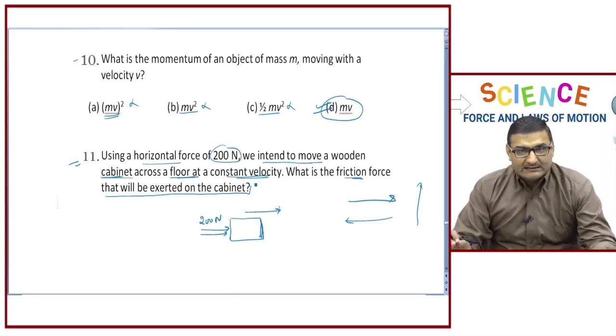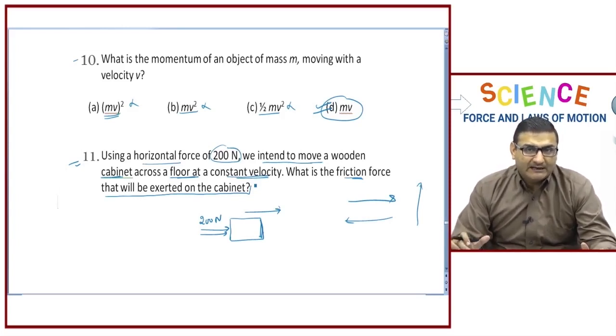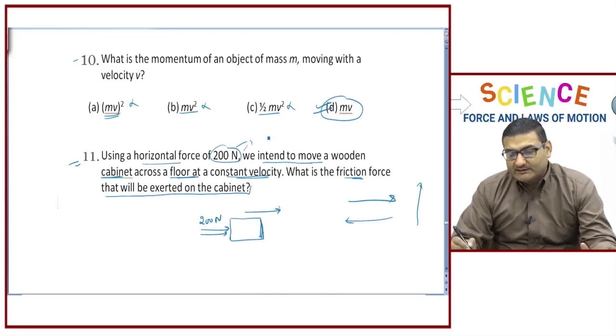Now, let us assume that if the force that we are applying is either equal to or less than the frictional force, then in that case, as per what we have studied earlier, we know that this object is not going to move. So therefore, if we are able to move this wooden cabinet by applying a force of 200 Newton, that means the force of friction has to be less than this 200 Newton.